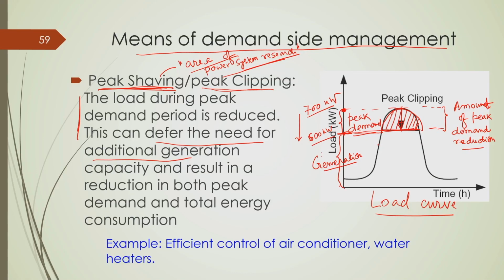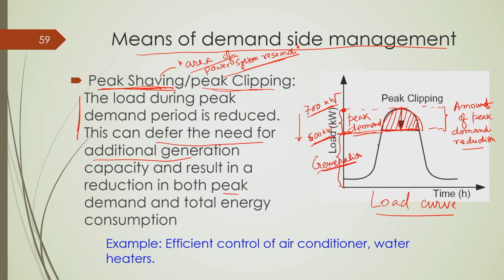If you do not do so, then either you have to have this additional 100 kilowatt of generation, or you need to curtail this load. So, there are two options only left.